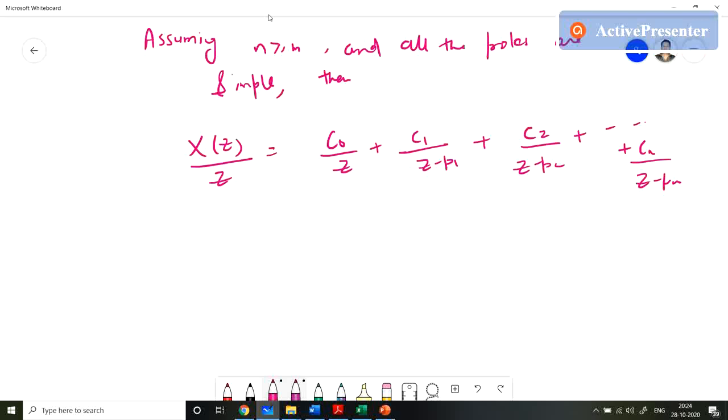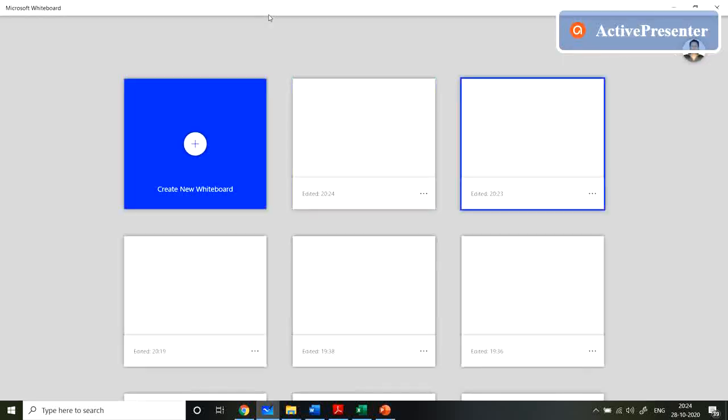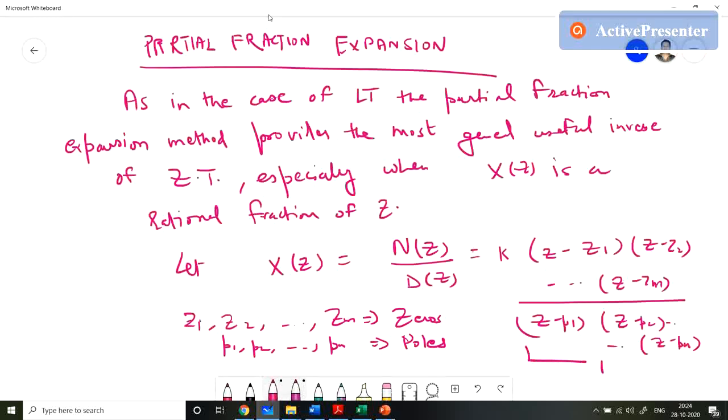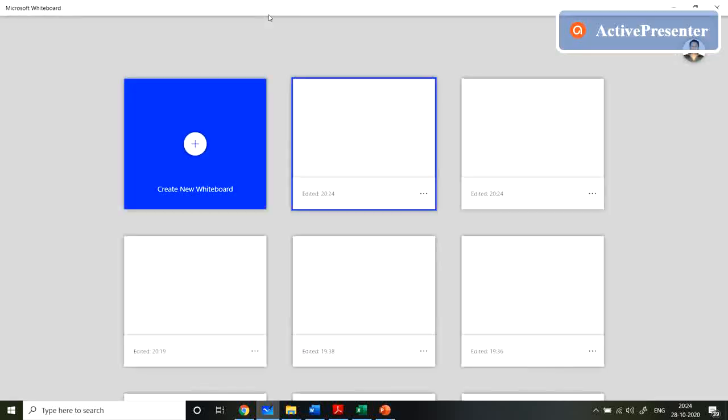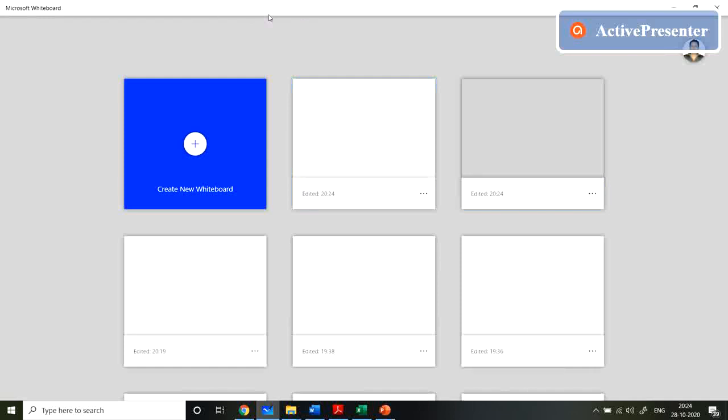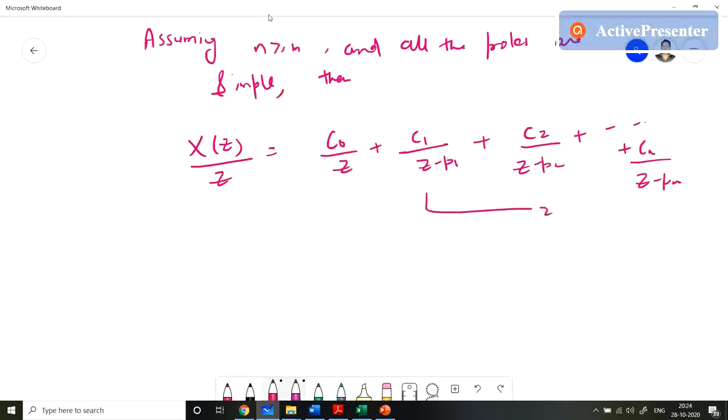Let the previous one be equation number 1, and this be equation number 2.